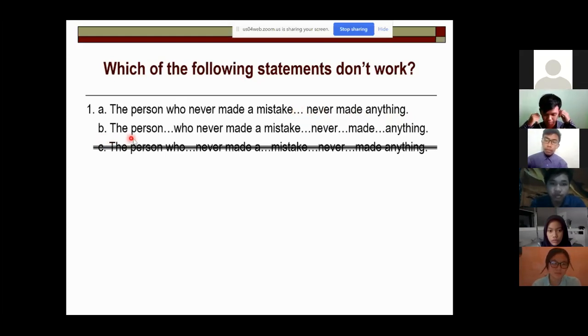And also with the second one, why is it correct? How do you say this? The person who never made a mistake never made anything. Is it okay to pause there? Why not?